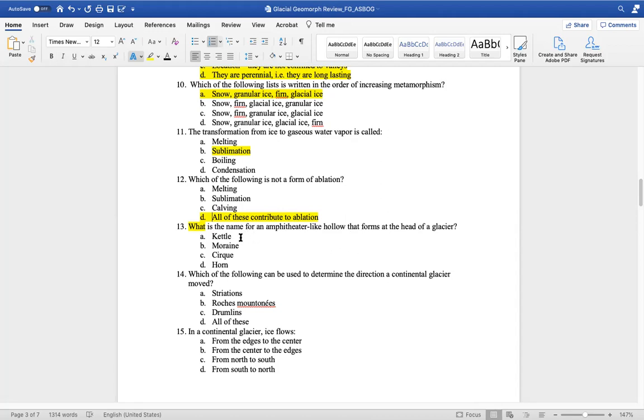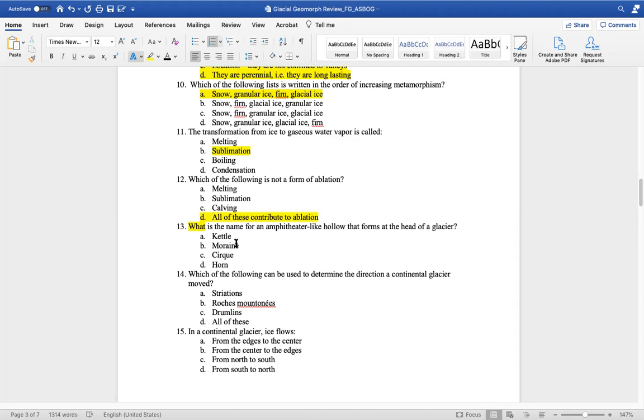So if we look, we have kettle, moraine, cirque, or horn. So horn, as it seems to imply, is something that's going to be spiky. It's going to have a point to it. It's not going to be some type of depression. A moraine is a depositional feature.